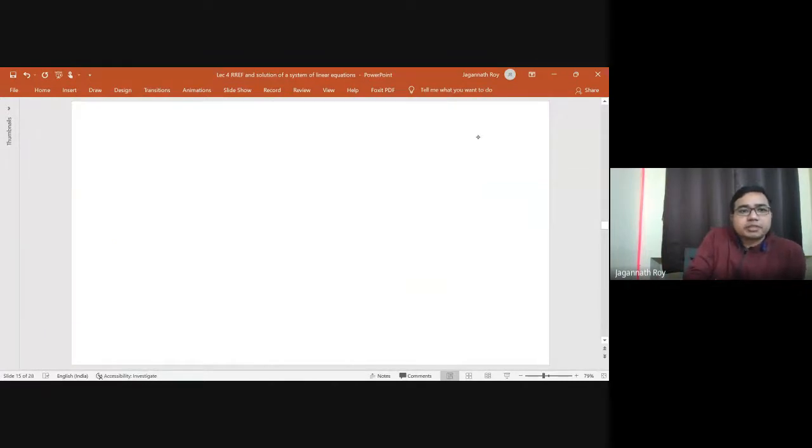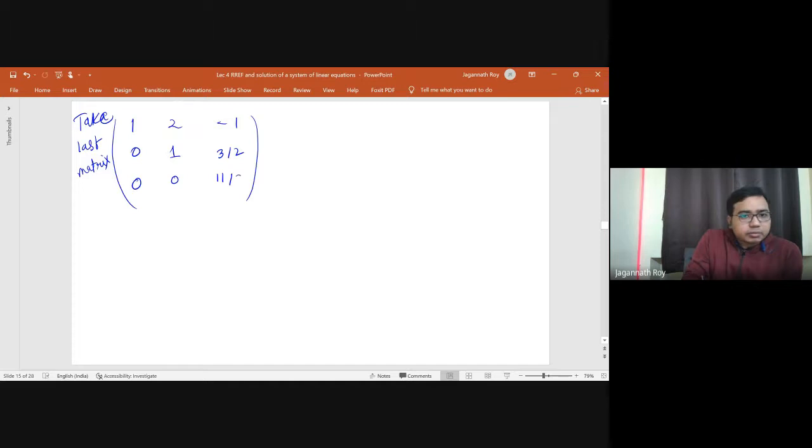Now the last matrix, if you write it in this form: 1, 2, minus 1, then 0, 1, 3 by 2, then 0, 0, 11 by 2.